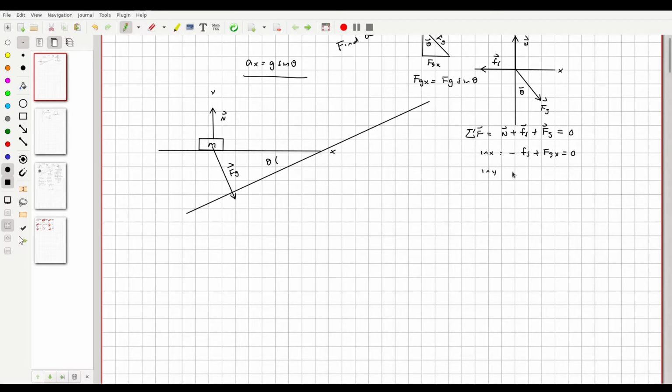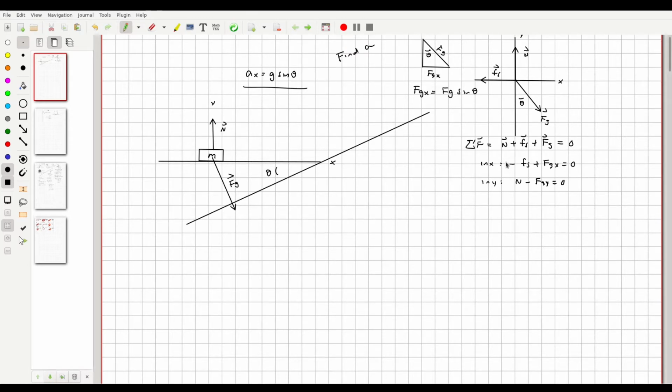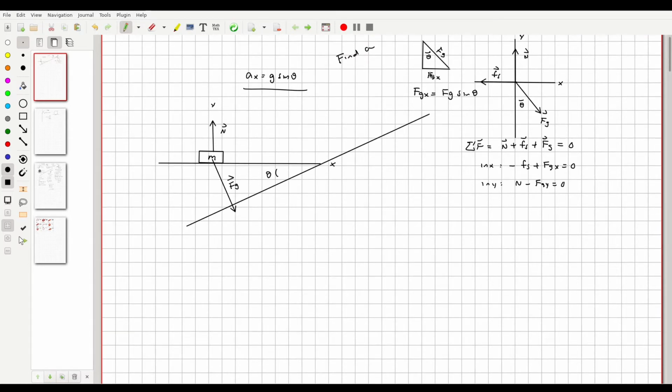In y, we have a normal force, again, minus FGY is equal to 0. If you put in the form of FGX and FGY, noting the fact that the y part is a cosine, then what you have is minus F sub s plus FGX, which is mg sine of theta, is equal to 0. Again, the normal force we know is going to be mg cosine of theta.